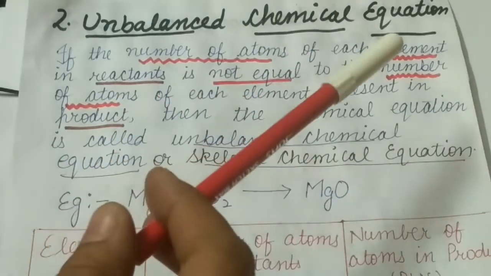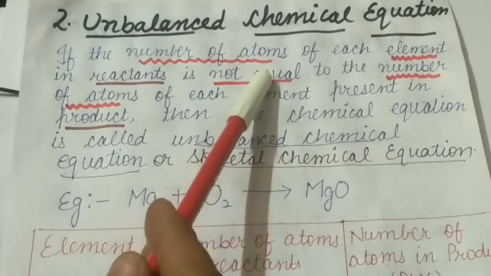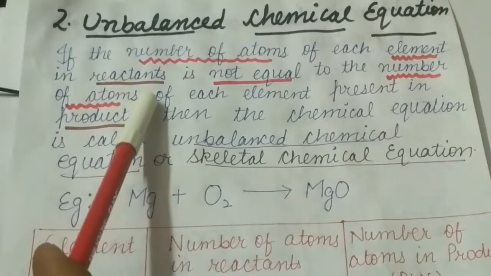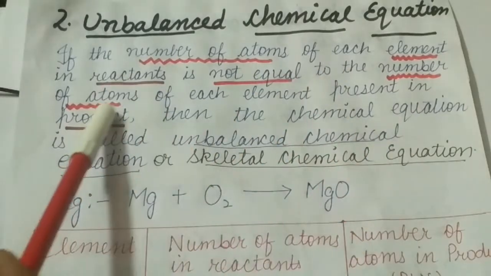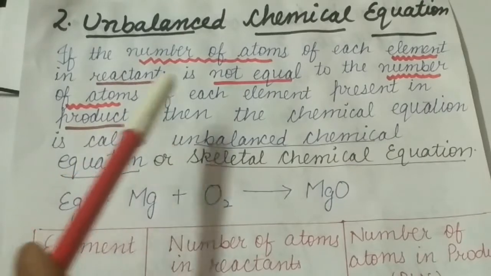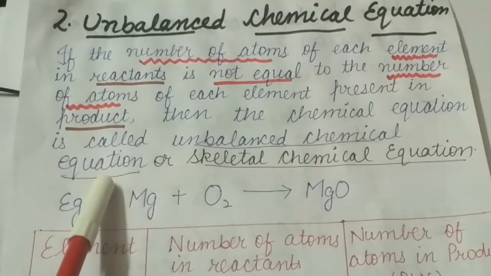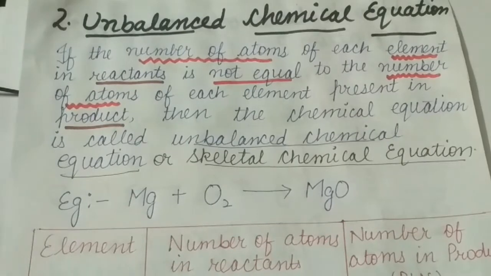The definition is: if the number of atoms of each element in the reactants is not equal to the number of atoms of each element present in the product, then the chemical equation is called an unbalanced chemical equation or skeletal chemical equation. The other name of unbalanced chemical equation is skeletal chemical equation.